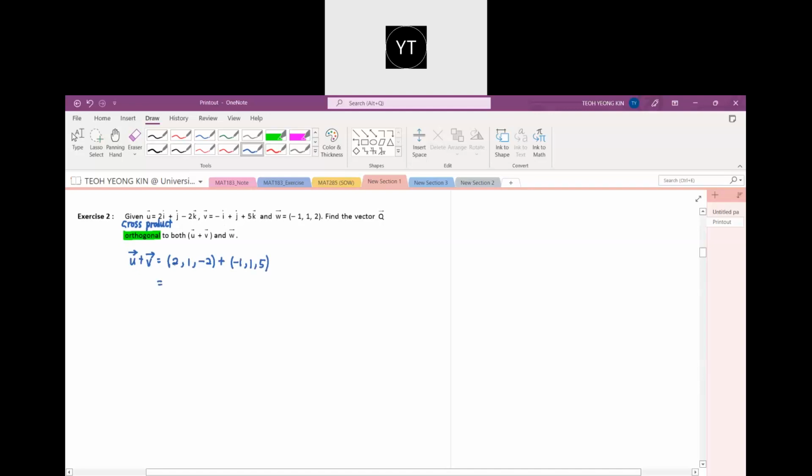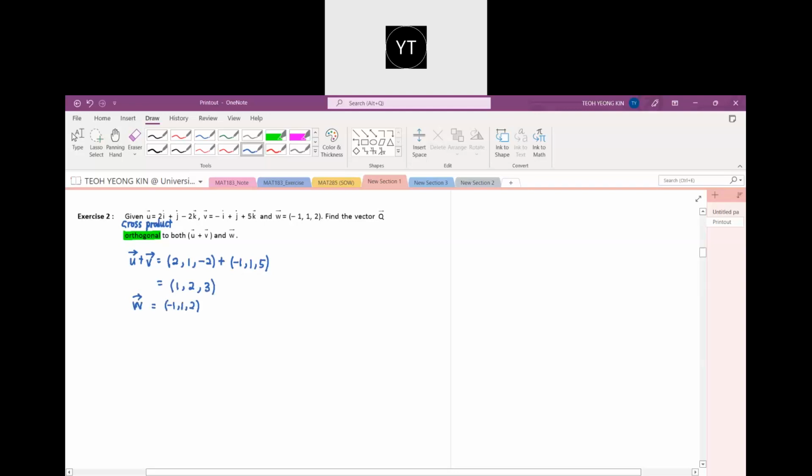So here 2 plus negative 1 is 1, 1 plus 1 is 2, and negative 2 plus 5 is positive 3. So this is the sum of vector u and vector v. Whereas vector w is negative 1, 1, and 2.